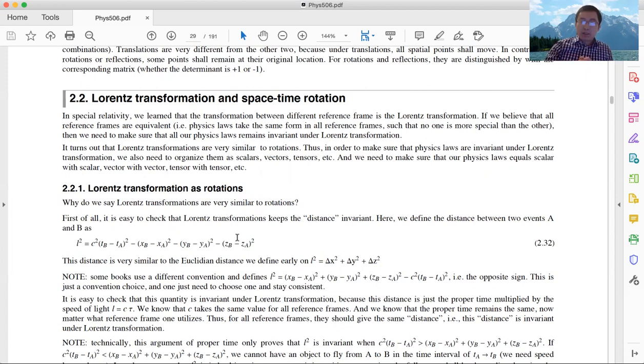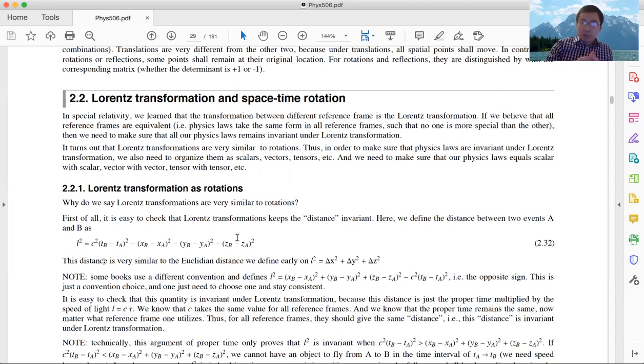Okay? And then, if we want our physics laws to take the same form, independent of the choice of reference frames, or to stay the same form under Lorentz boost, then we have to do the same as what we did in 3D space.